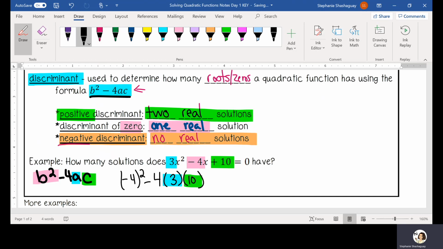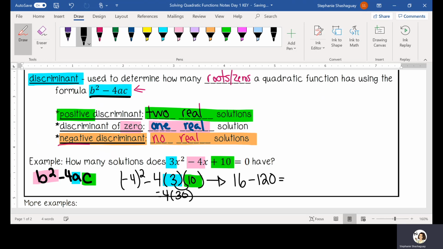So now let's simplify this. Negative 4 squared is going to be 16. And then we have negative 4 times 3 times 10. So let's see, 3 times 10 is 30. So we have to multiply that by a negative 4. So that's going to be negative 120.